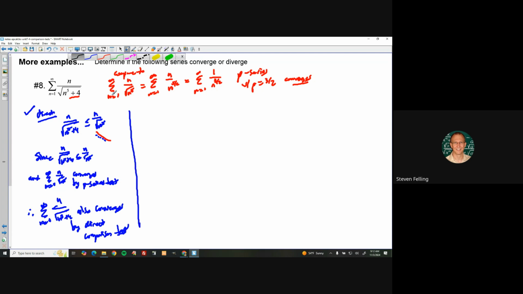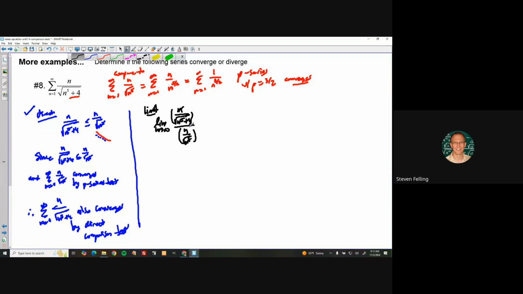Can we do limit? Usually, if direct works, limit will work. So for the limit comparison test, we could have alternatively chosen to do n over the square root of n to the fifth plus 4, over n over the square root of n to the fifth.